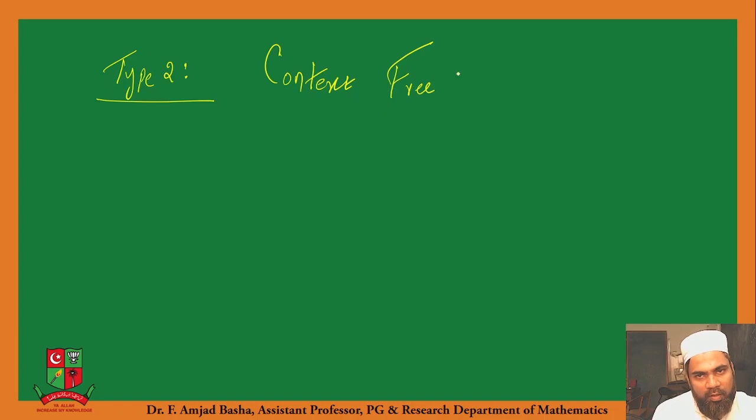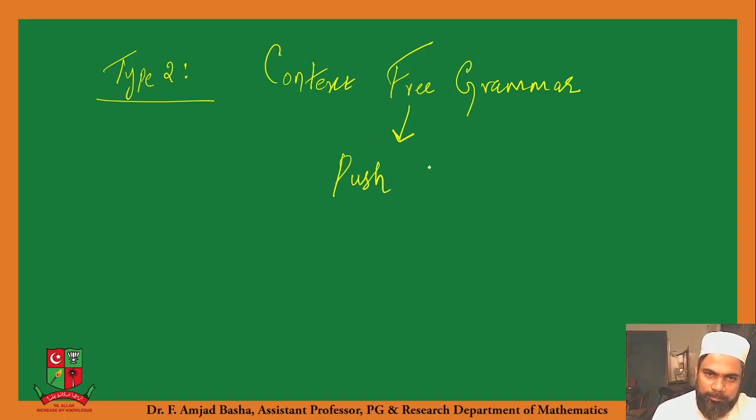Type 2 is context free grammar, and this is accepted by push down automata.